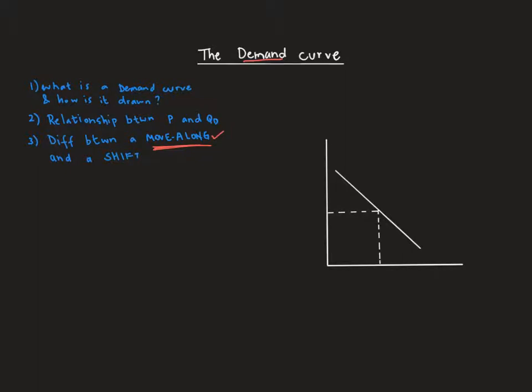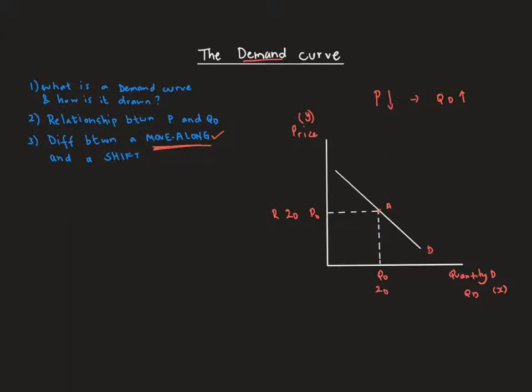Let's try and understand this with a price decrease. We know that when prices decrease, quantity demanded increases. Again, you have the demand curve, which is downward sloping as depicted in the picture. And we've got price on the y-axis, and quantity demanded on the x-axis. So here again, we can say that a starting point at P0 and Q0 is point A. Here we assume that we're starting off at 20 Rand and we're consuming 20 units of that particular product.